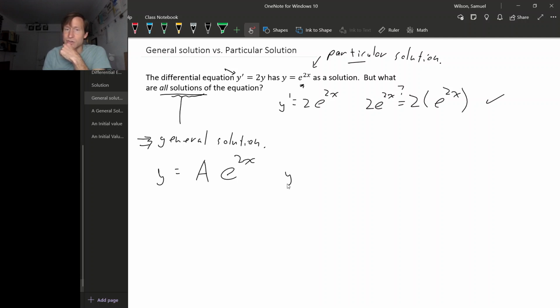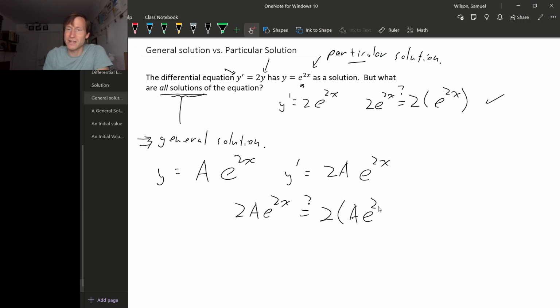So let's take a derivative. We get 2 times capital A e to the 2x. And then plug this into the original differential equation. We get 2 times A e to the 2x. Is that equal to the right-hand side of the equation, 2 times y, but y is A e to the 2x? Yes, those are the same.